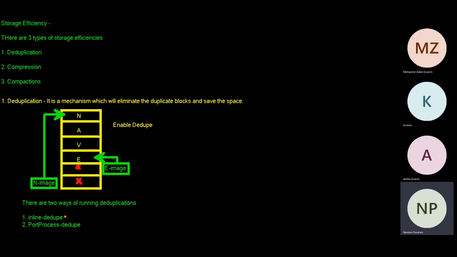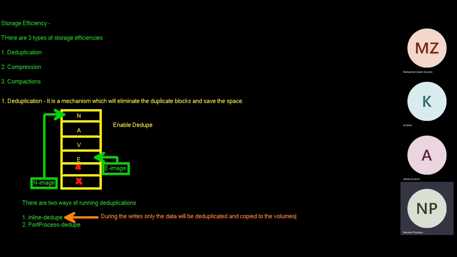Inline dedupe means deduplication will run on the data during the copy, during the writes. The data will be deduplicated and then copied to the volume.